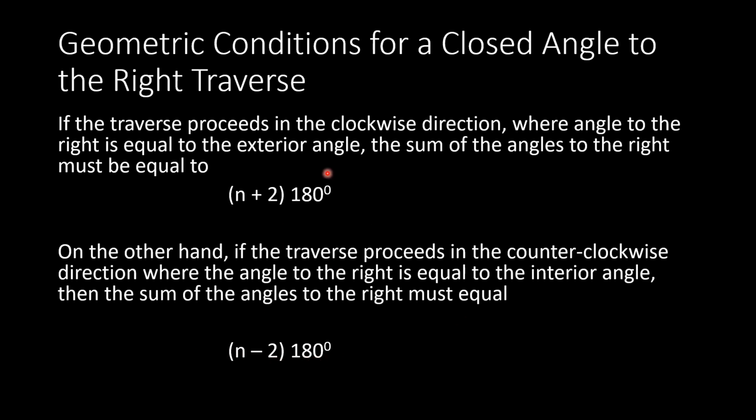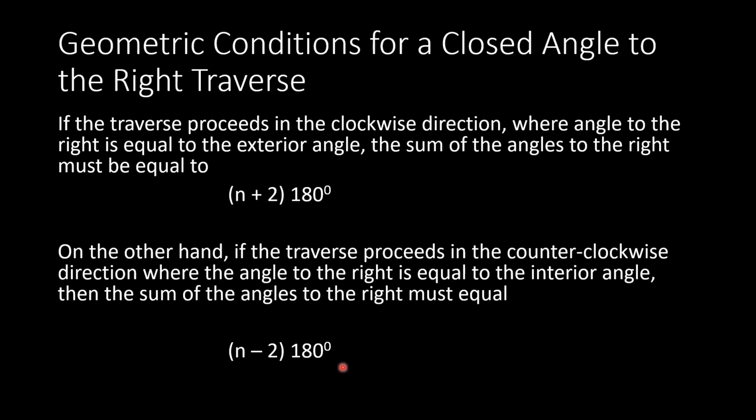So using angle to the right traverse for a closed traverse, you need to determine whether the sum of the angles to the right equals the required sum of either (n + 2) times 180 or (n - 2) times 180.